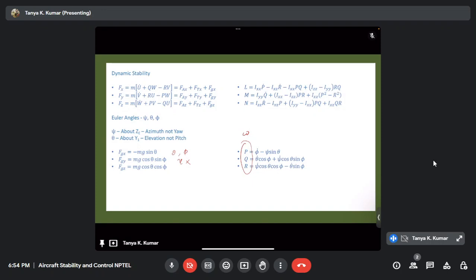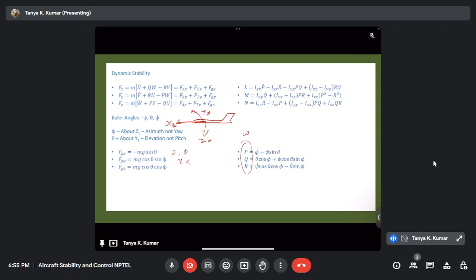If this is your aircraft and this is your xb, this is your yb and this is your zb, the weight of the aircraft is always acting vertically downward. It's not acting along ZB, that was a mistake, but it's always acting vertically downward.